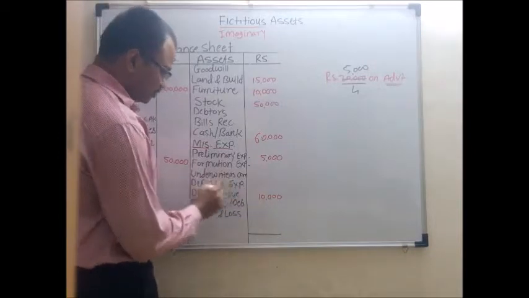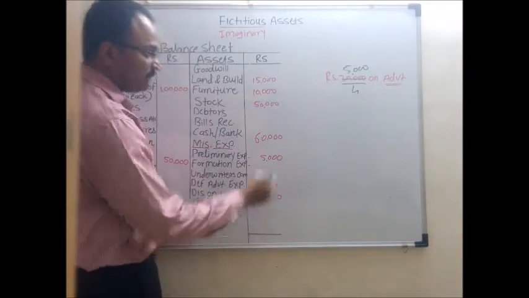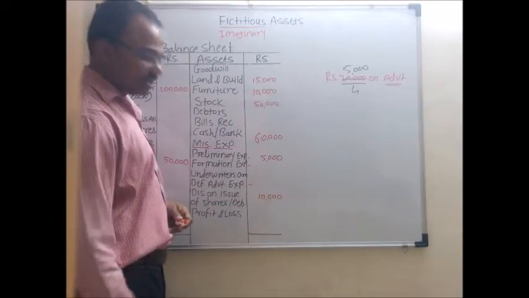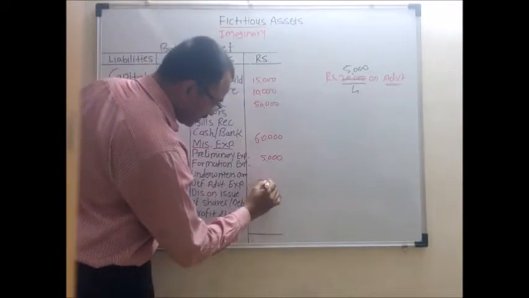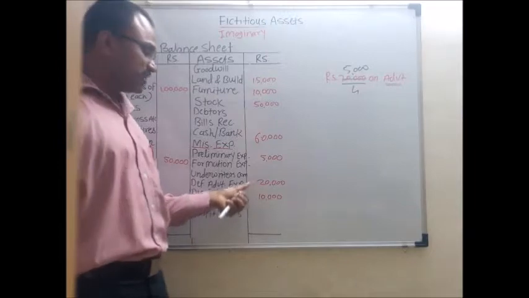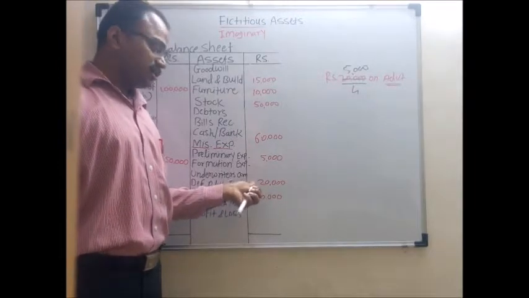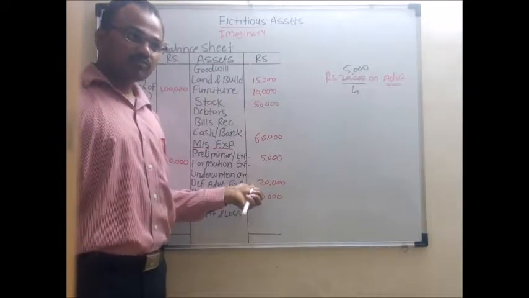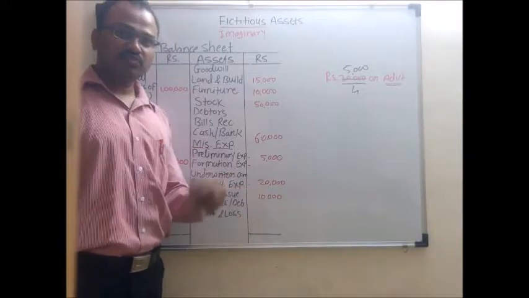Okay, so suppose I am ready to incur 20,000 as an advertisement expenditure. The benefit of this expenditure is going to be received by the business in the next 4 years.